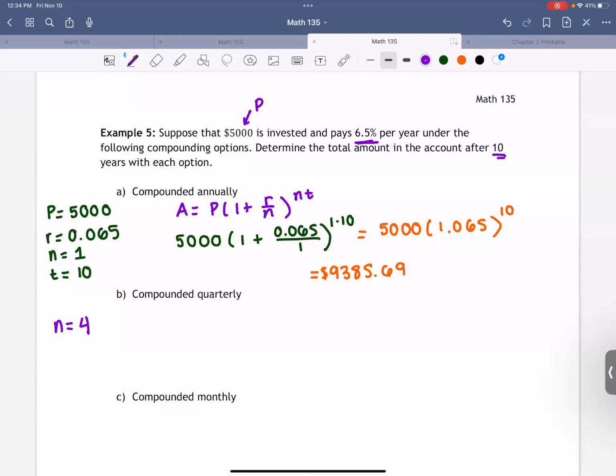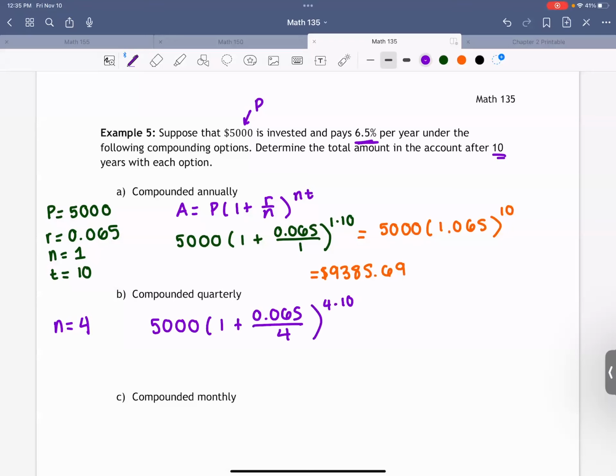The only difference between quarterly and annually is N. I know that A is P times 1 plus R over N, to the NT. So this is 5,000 times 1 plus 0.065 over 4, to the 4 times 10 power.